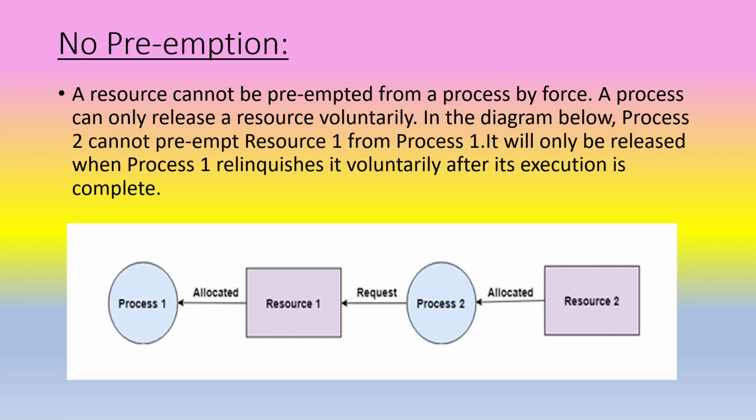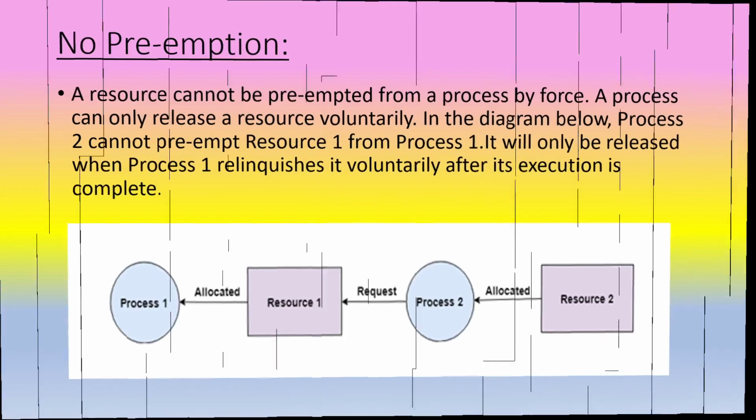Here, preempting means acquiring it. Like if process 2 wants resource 1, it could get it by stopping the other process, but that is not possible in this case. No preemption is a condition of deadlock, and it can lead to a deadlock situation.